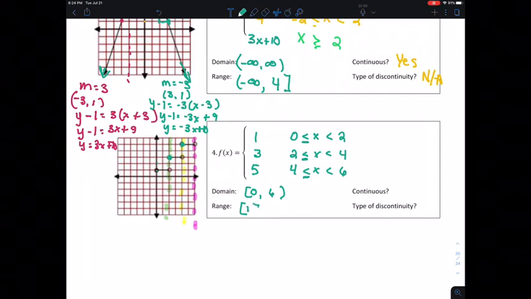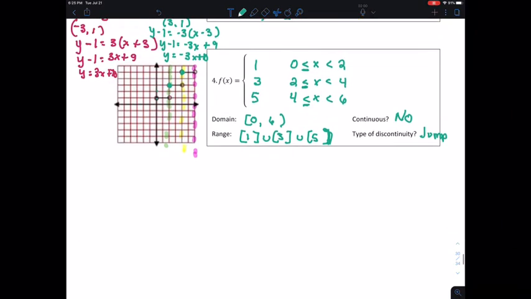I'm going to write it in interval notation. Our range is 1, union, 3, union, 5, because it is not continuous, and the numbers between 1 and 3 are not included. So we've already talked about this is not continuous, and again, it's a jump discontinuity.